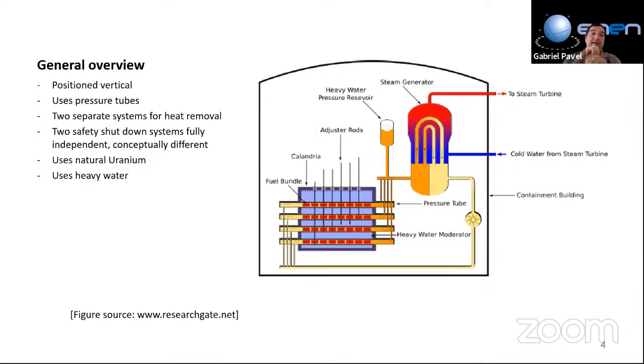For heat removal, it uses two separate systems: the primary circuit, which deals with the nuclear region of the reactor, and a separate system, which deals with the classical part of the power plant. The classic part of a nuclear power plant is similar to a normal power plant, like coal or gas.